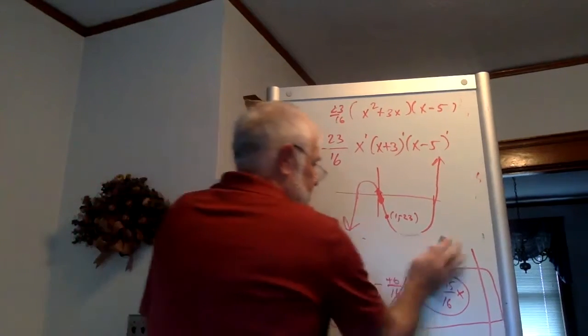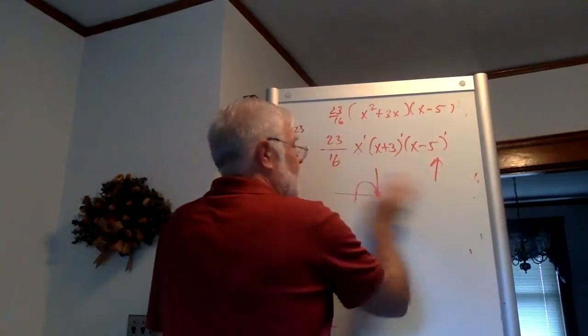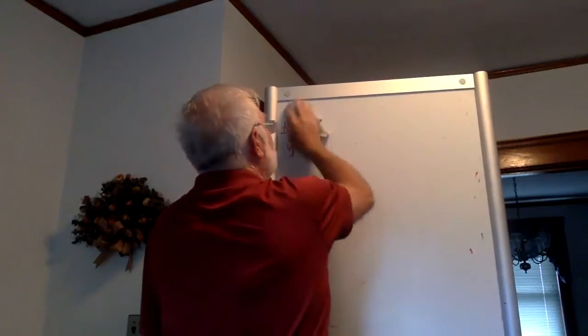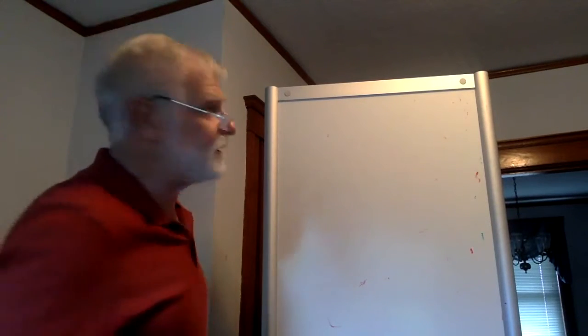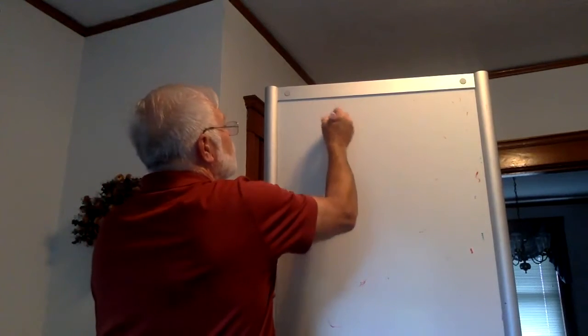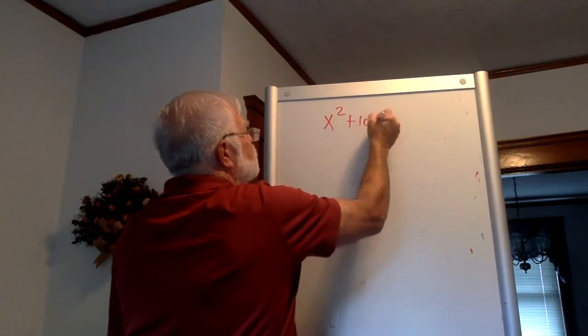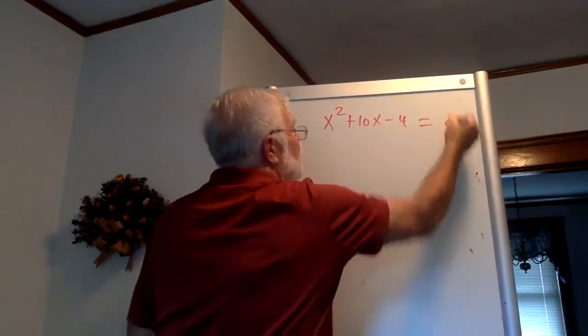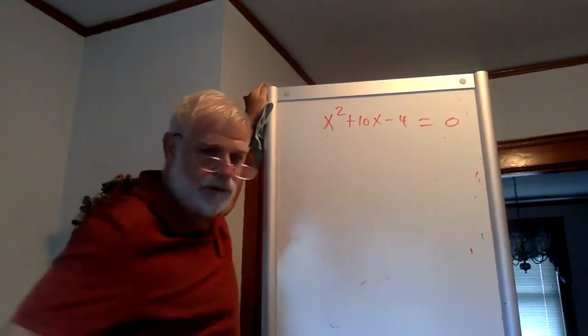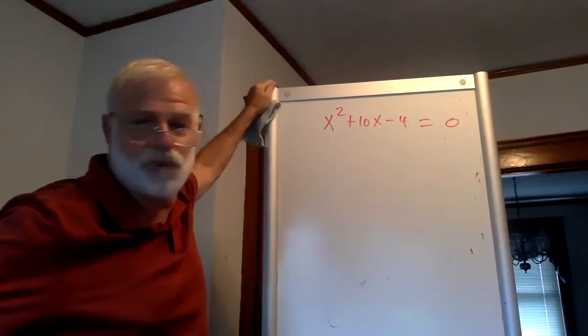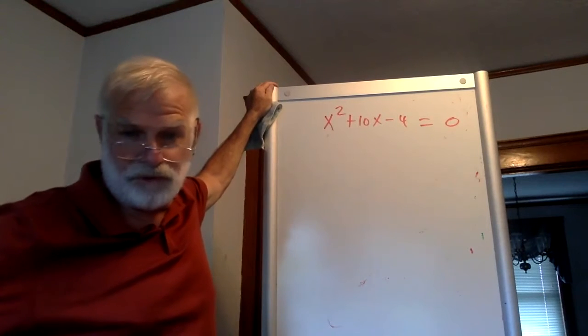Okay, 24. Gotta have a little fun here. X squared plus 10x minus 4 equals 0. Yeah, we're in trouble. You can't factor that. I suppose we could find the vertex, and we know the a term is 1, and we could do that little trick we're doing with quadratics.